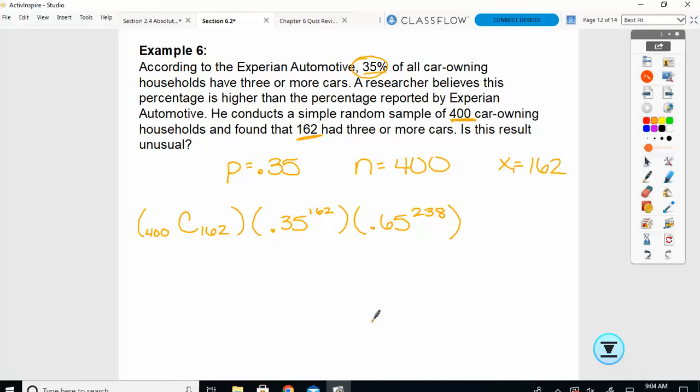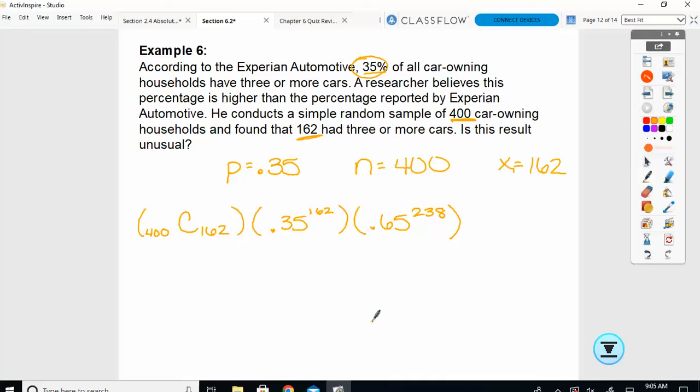Let's try that calculation. What happens?